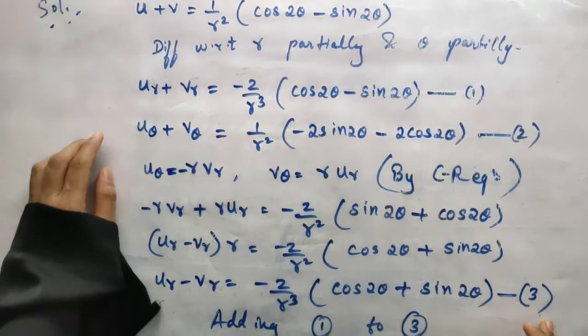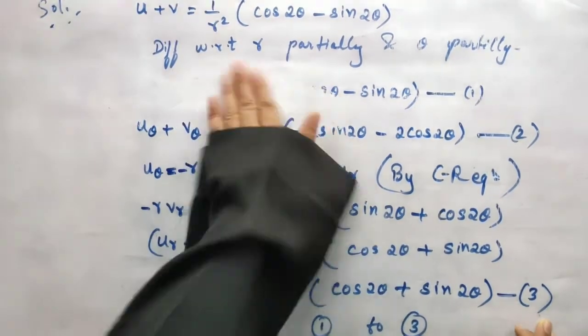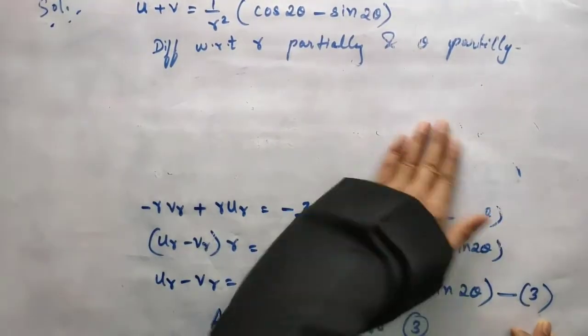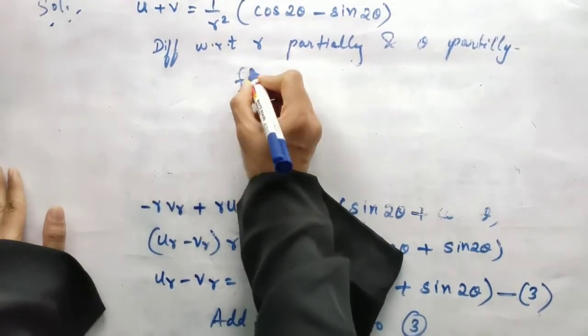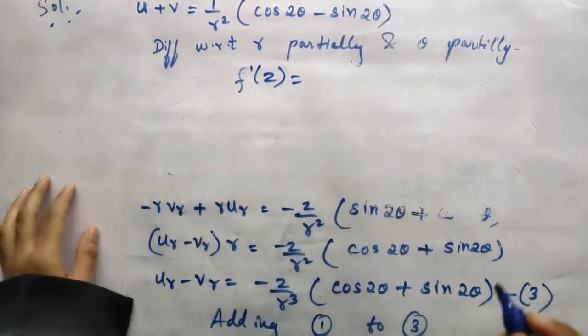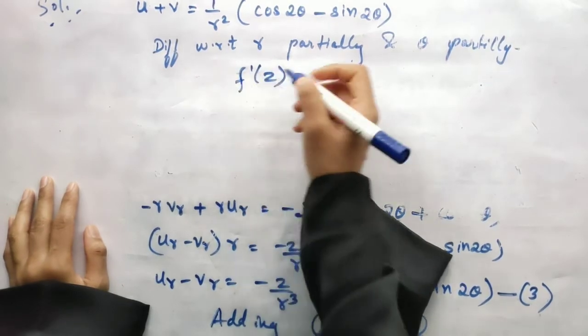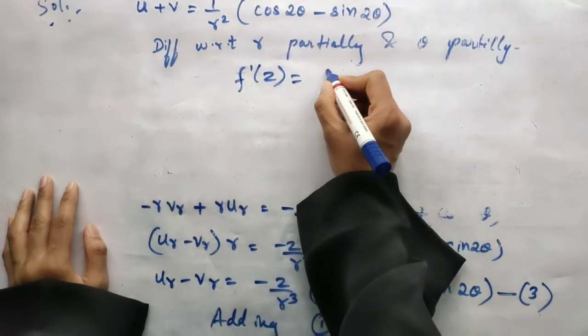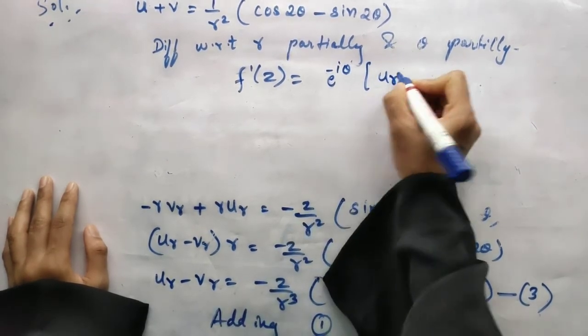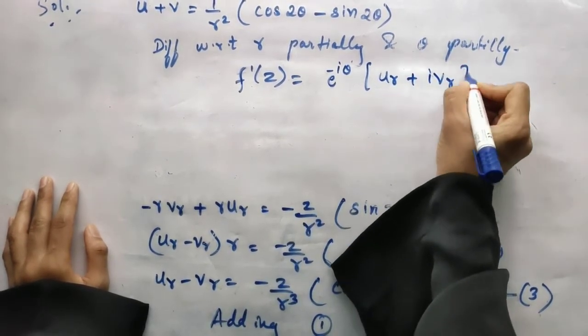After this, let's continue here. We have to write our f dash of z. I'll just erase all this now. We do not need this any longer. Now we can write our f dash of z in polar form, since the equation given to us is in polar coordinates and we know how to write f dash of z in polar form. It is e to power minus i theta into UR plus i into VR.